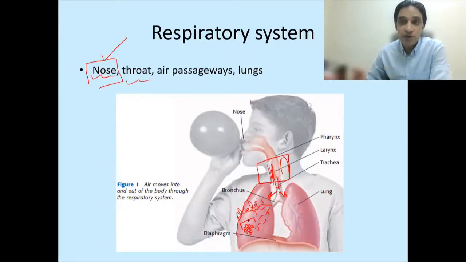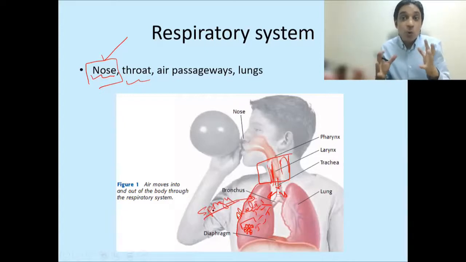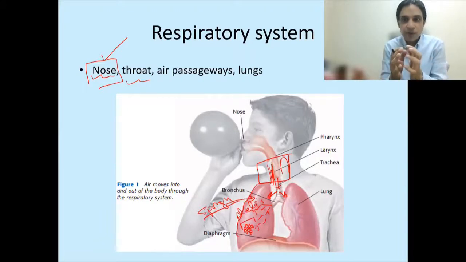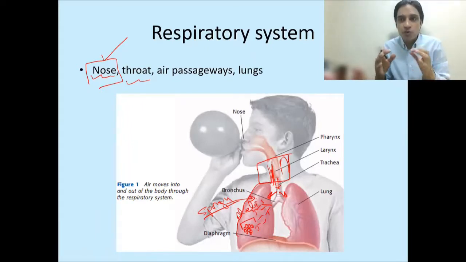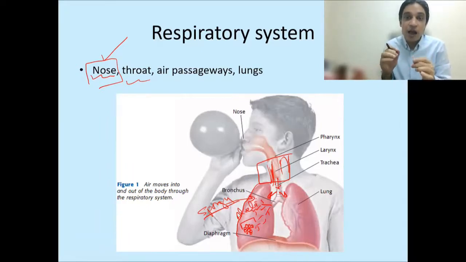They are hollow structures. That is why overall the lungs are spongy in nature. Are you getting my point? That means if you push the lungs, they will contract. If you release the pressure, the lungs will expand. And that is because they are made up of millions of those tiny sac-like structures called alveoli.